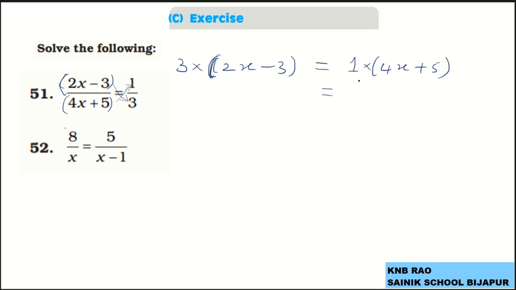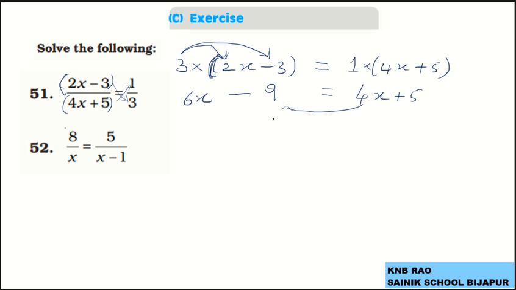You know 1 into anything is the same, so that is why I have written 4x plus 5 straight away, whereas here 3 multiplied by 2x minus 3 is to be done properly with the help of the distributive property. 3 into 2x is 6x, and 3 into minus 3 is minus 9. Now 6x minus 9 equals 4x plus 5.